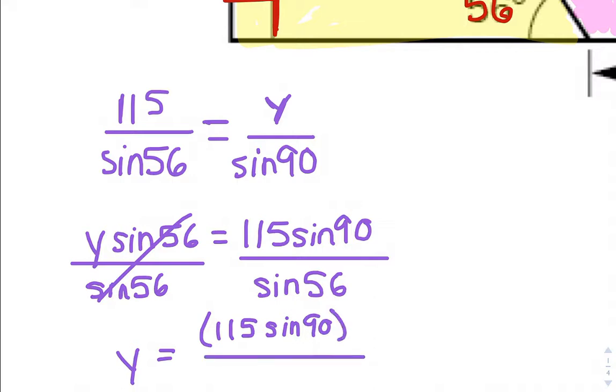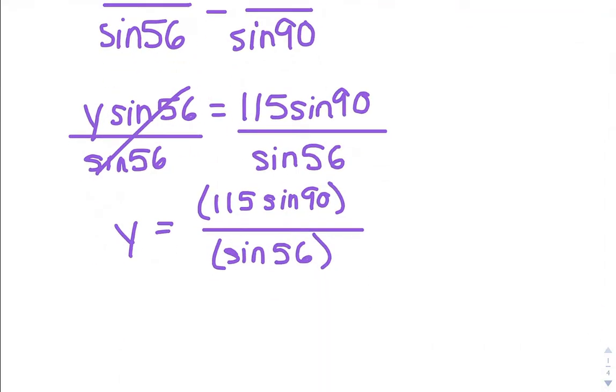And then I'm going to hit my divide button and then put parentheses around sine 56. So remember to have your calculator in degree mode, since we're talking about a triangle and we measure a triangle in degrees. Again, to do that, you would just hit second or just mode and then go down to the third option that says radian and degrees. So in your calculator, when you do that, you're going to get 138.7150641.